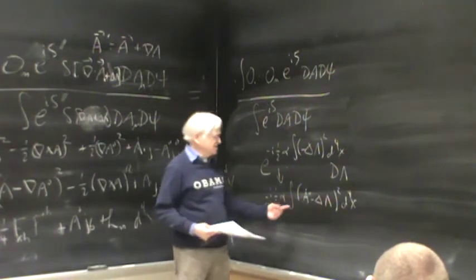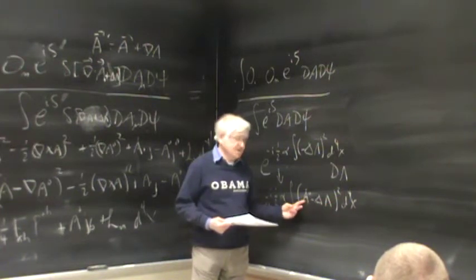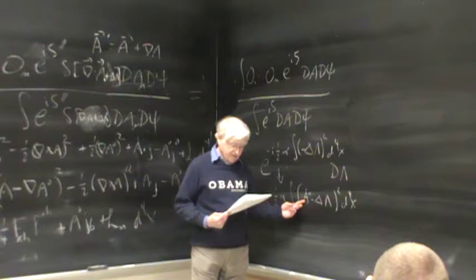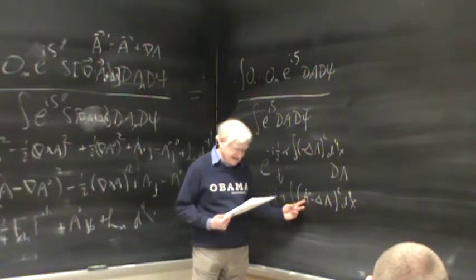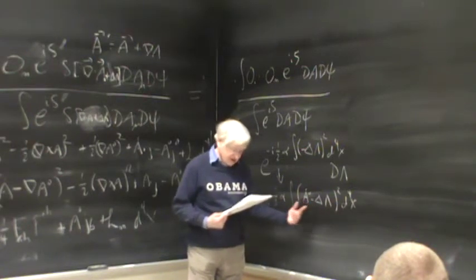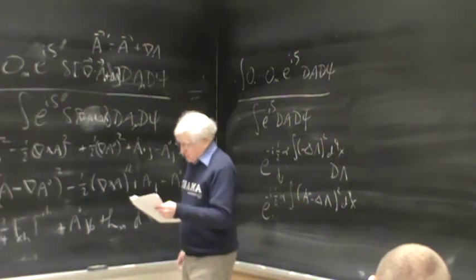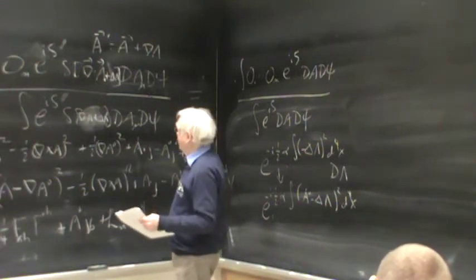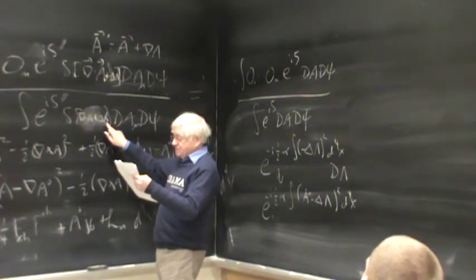Okay, so in other words, we shift lambda, we shift Laplacian lambda by A0 dot, and so this changes. And in the delta function, what happens?